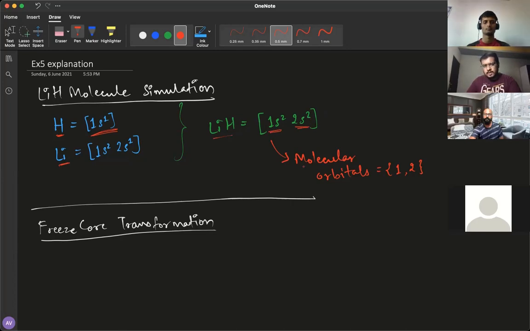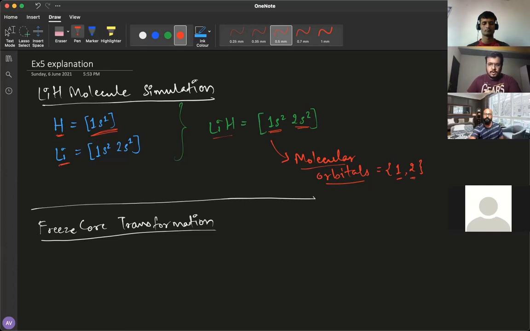So we can see that the only two molecular orbitals that we are using here are 1 and 2. You might know that there are infinite molecular orbitals in any molecule, but they might not be filled with electrons, and electrons can essentially jump from a lower energy state to a higher energy state in some other orbital.